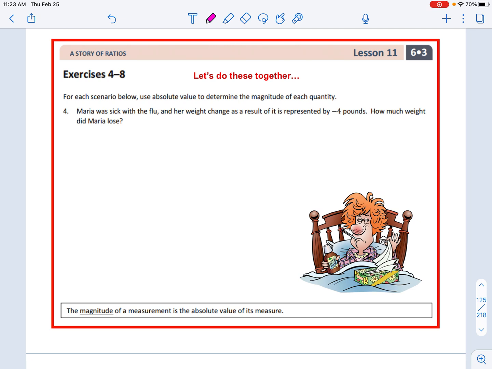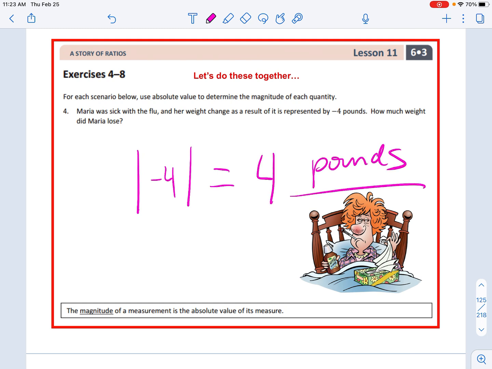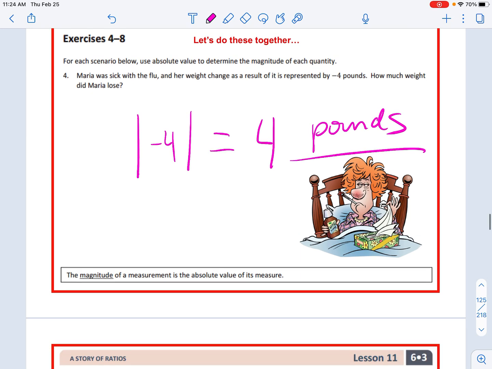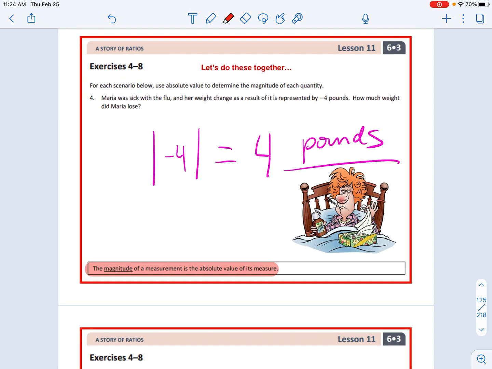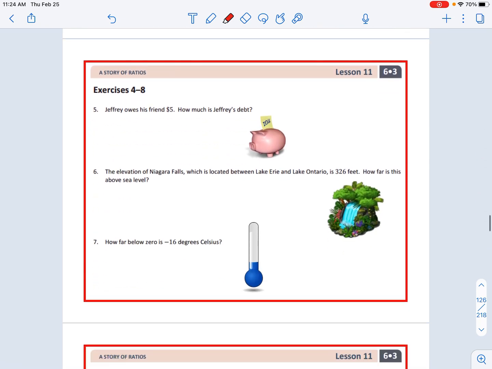How much weight did Maria lose? Well, we need to find the absolute value of -4, and the absolute value of -4 equals 4, so she lost 4 pounds. And remember, the magnitude of a measurement is the absolute value of its measure. Magnitude equals absolute value.